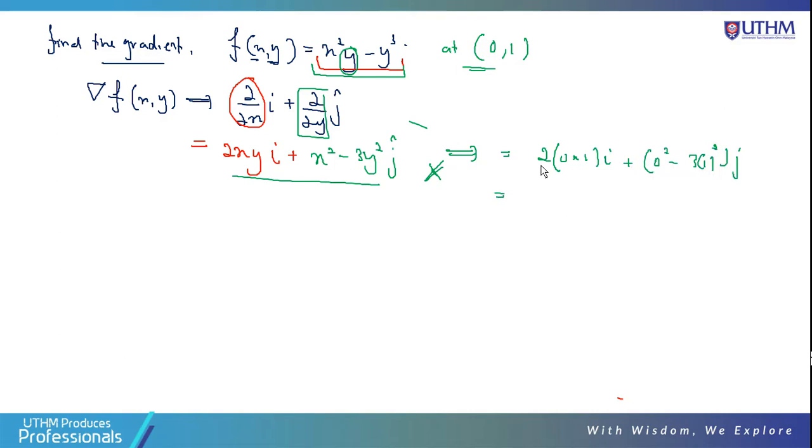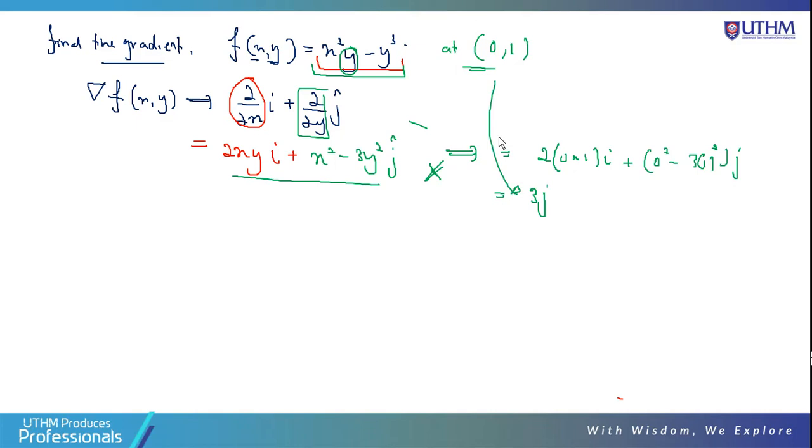So the final answer you can get is 0 i minus 3j. So the gradient at this point is equal to minus 3j. Okay, this is the way how you can determine the gradient.